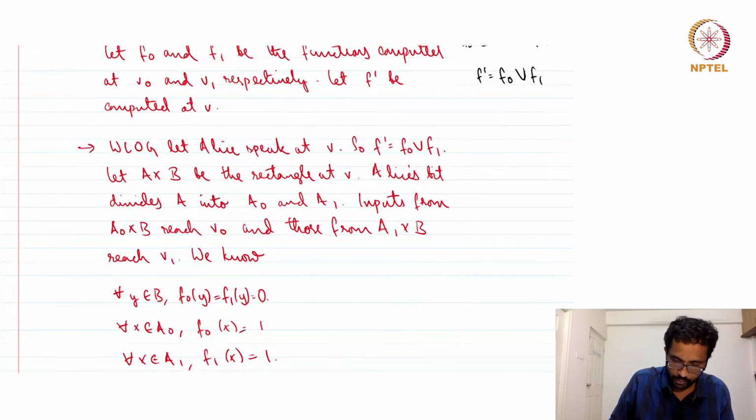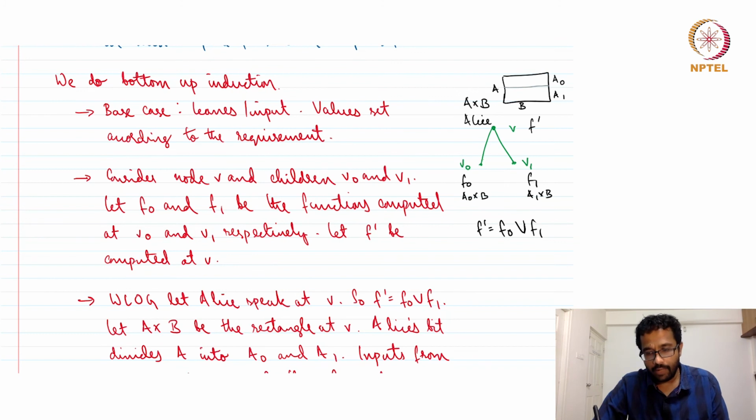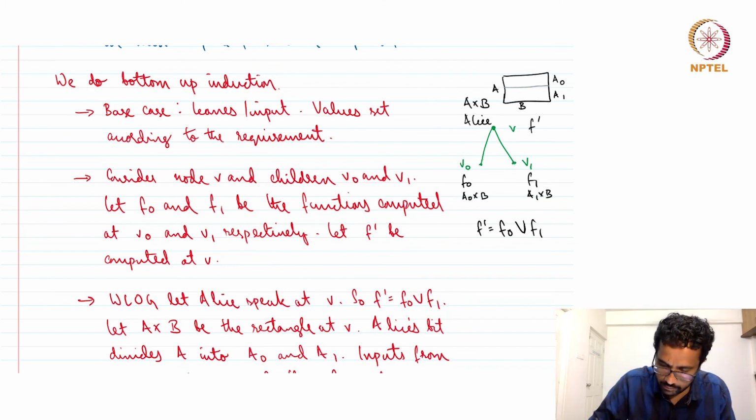Okay. So we are doing bottom-up induction, right? So we know that the inductive claim is true for V0 and V1. What does that mean? For any input that is in B, so let's say Y is in B, then F0 of Y and F1 of Y are both 0.